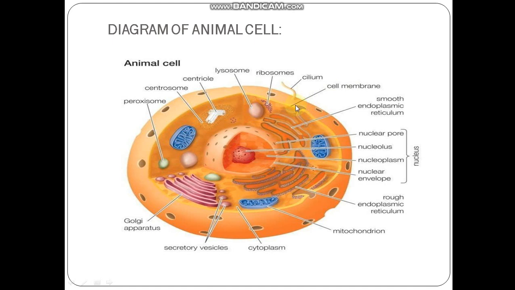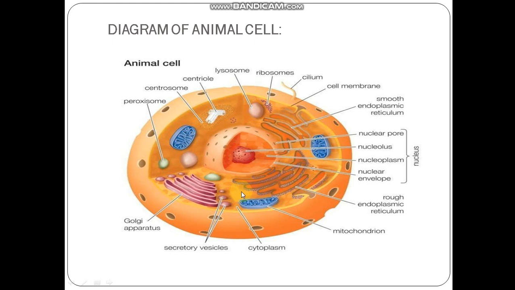All the cell organelles are found here. Inside the outer covering, the substance found is called protoplasm. The whole substance is called protoplasm. लेकिन जब हम न्यूक्लियस को निकाल के बोलेंगे, when we omit the nucleus, then it is called cytoplasm. लेकिन जब न्यूक्लियस को शामिल करेंगे, it is called protoplasm.